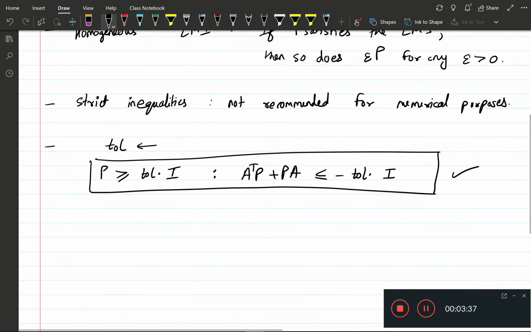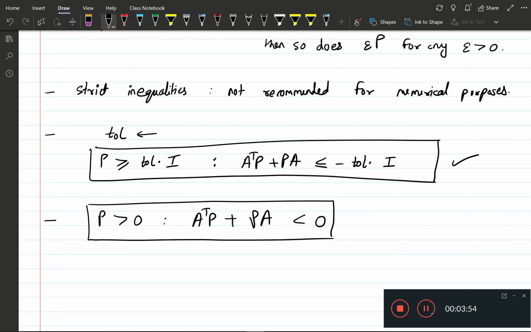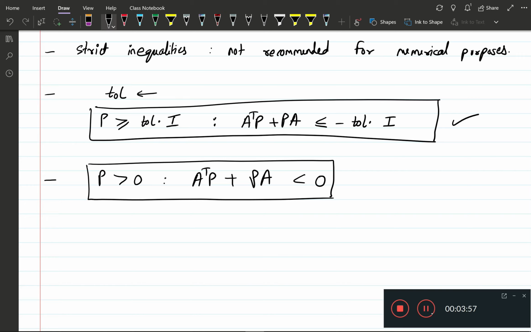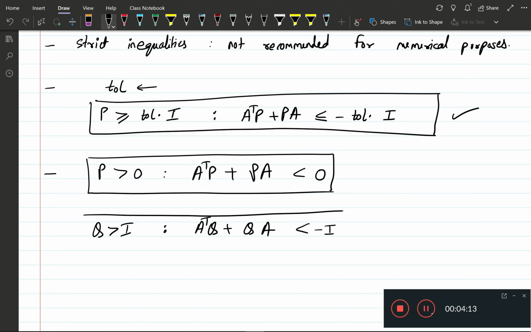So that would work as well, but because we have a homogeneous LMI, we can in fact show this one. So if such a P exists, if a P positive definite exists such that A transpose P plus PA is negative definite, we can show that a Q exists with this seemingly much stricter LMI.